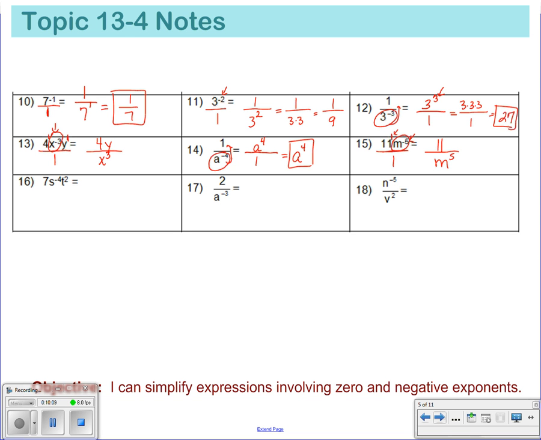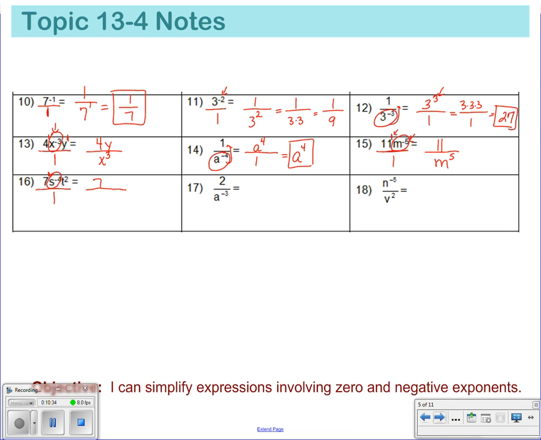Now number 16, I have a 7. It doesn't have an exponent, so I'm going to put a 1. I have s to the negative 4. I see my s is being raised to a negative power, so I'm going to circle it. And t is being squared. It is not negative, so I'm going to leave it alone. Since I do have a negative exponent, I'm going to go ahead and write this as a fraction, putting it over 1. So now look, 7 is raised to a positive 1.